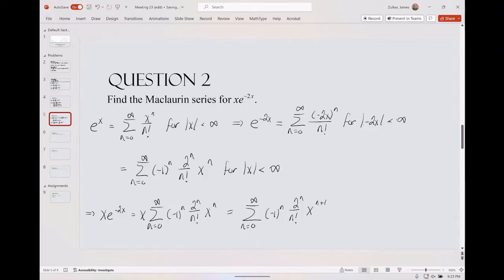You wind up with x to the n plus 1. And that would be our Maclaurin series.